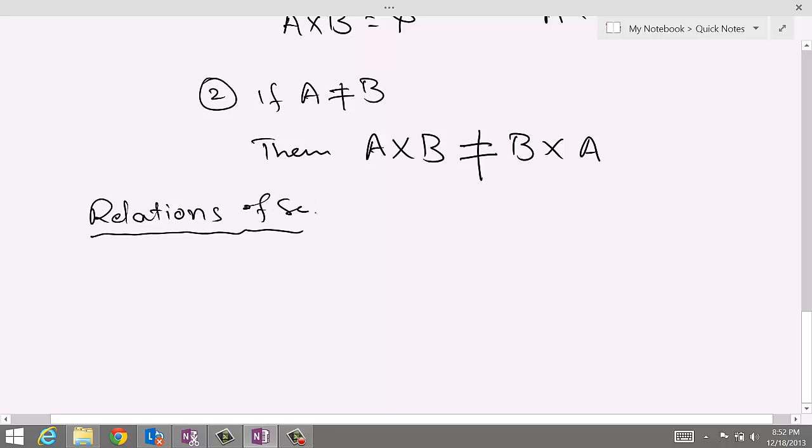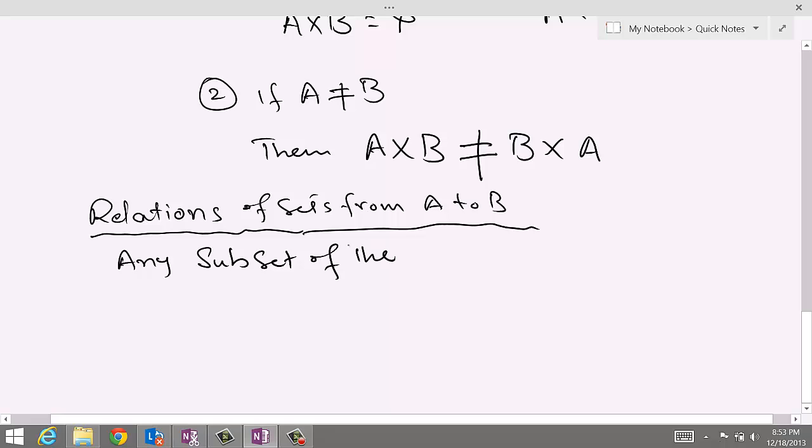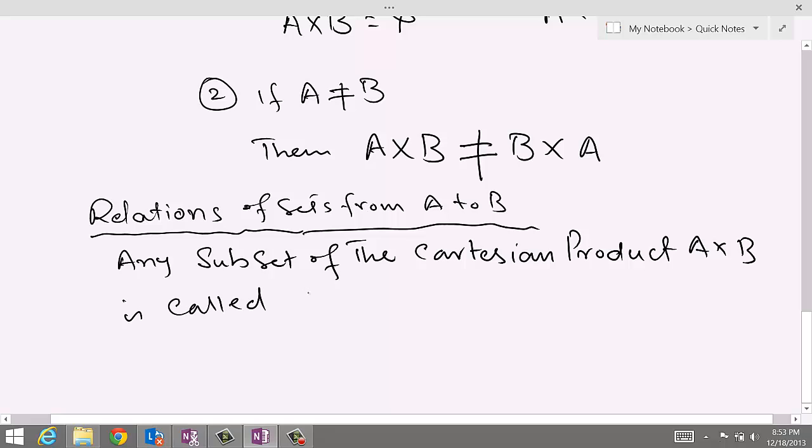Relations of sets from A to B. If we want to find out relations of sets, any subset of the Cartesian product A cross B is called a relation from set A to B. Let's take an example.